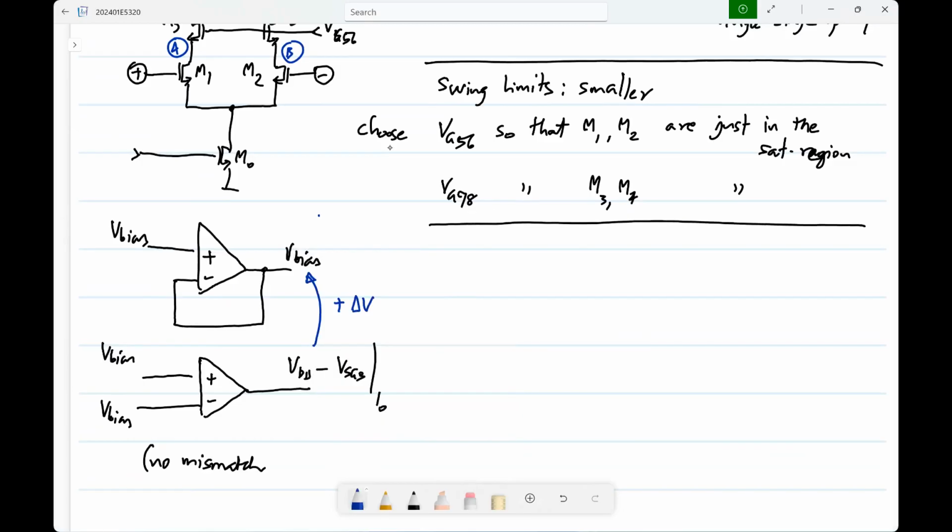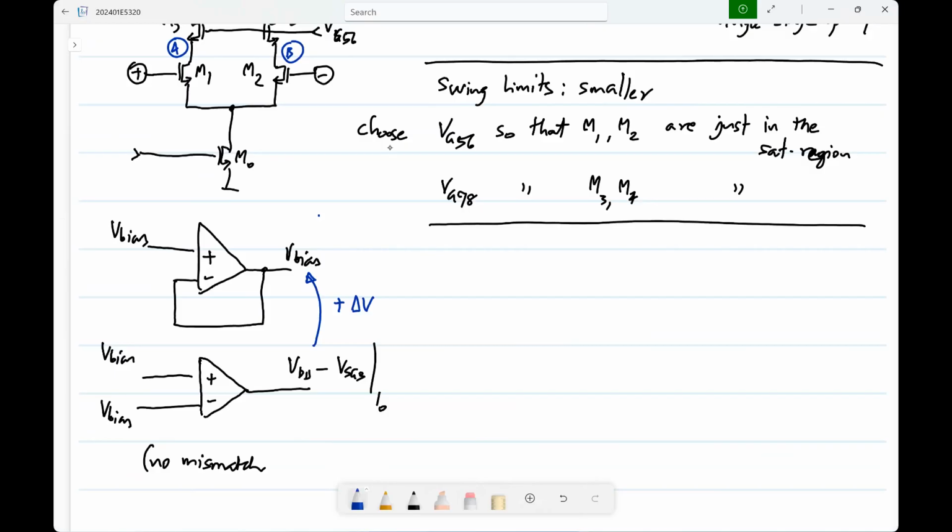So now, how do you get this delta V? How does the output change by delta V? What has to happen? No. You have an amplifier. The output has to change from its operating point by delta V. So what will make it happen? No. I think you're missing the point.